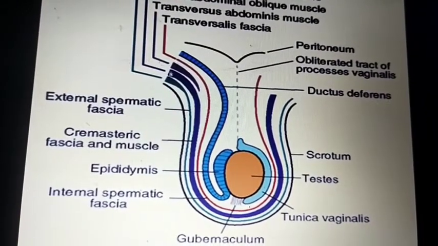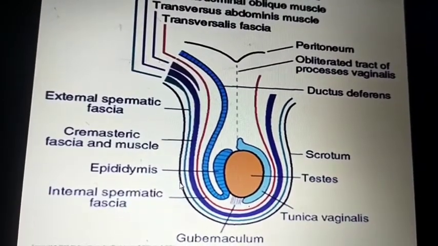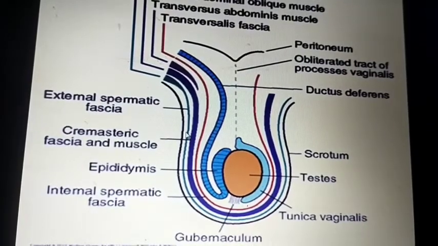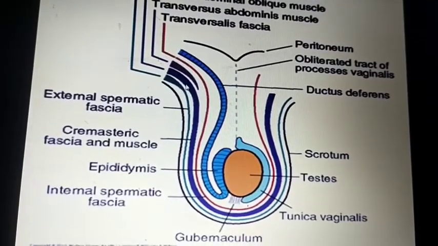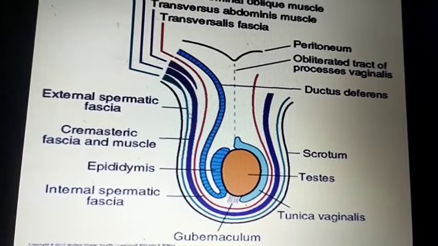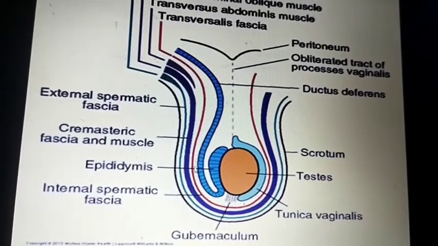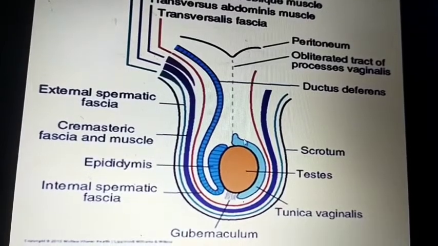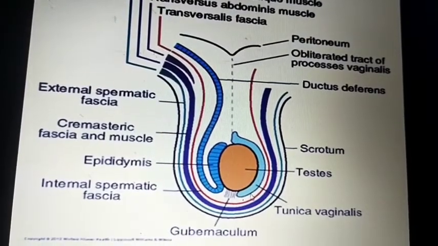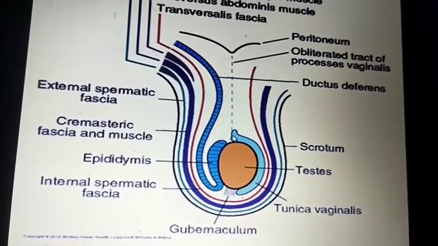You can see here skin, external spermatic fascia, cremaster muscle and fascia, then the internal spermatic fascia, and this is the processus vaginalis.